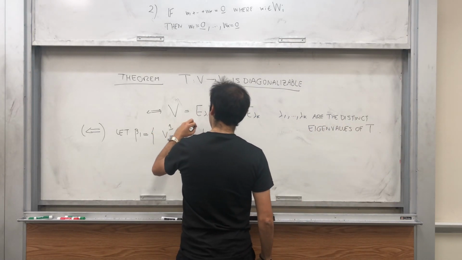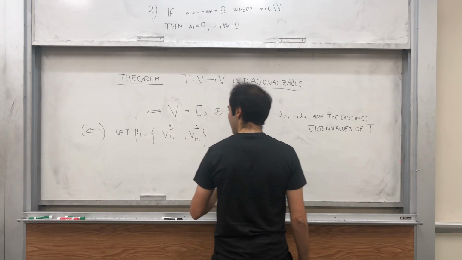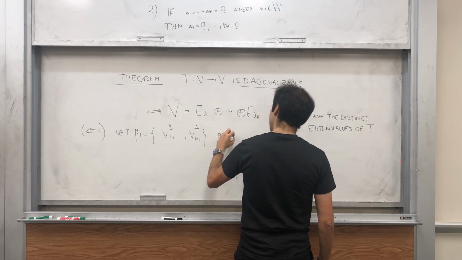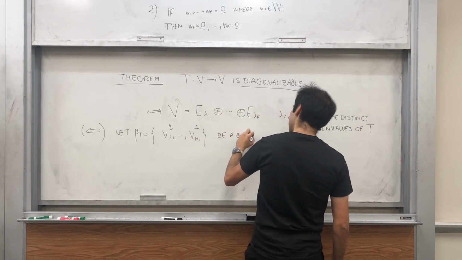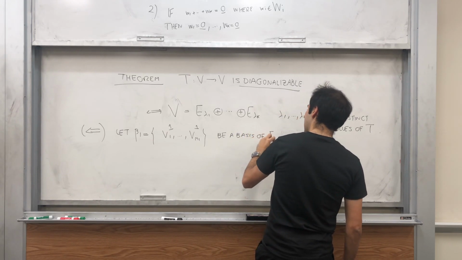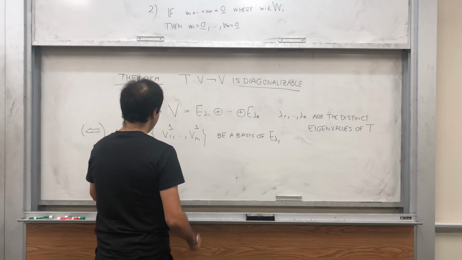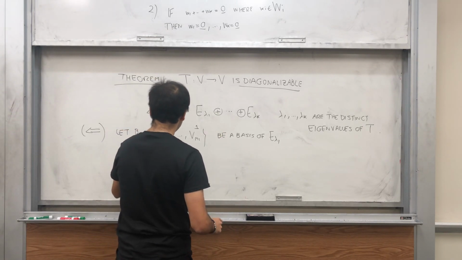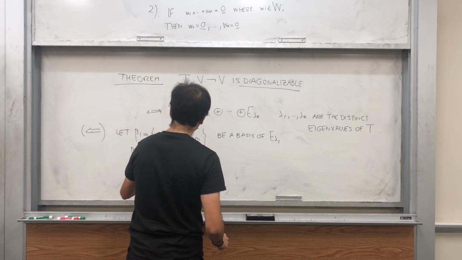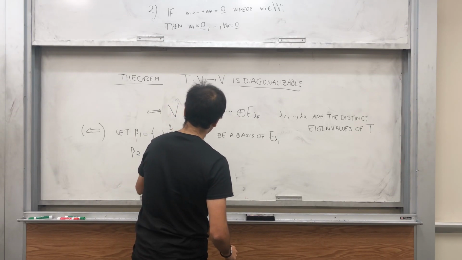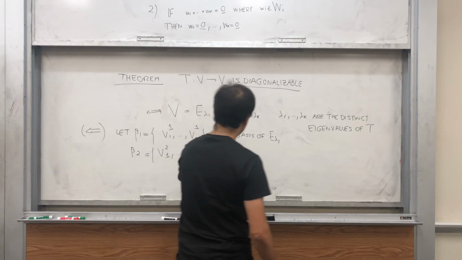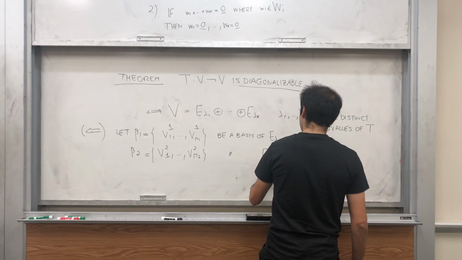So let v11 up to v1m1 be a basis of E lambda 1, and beta 2, same thing, but with the second eigenspace, v21 up to v2m2, be a basis of E lambda 2.